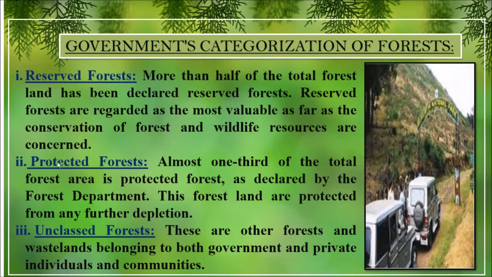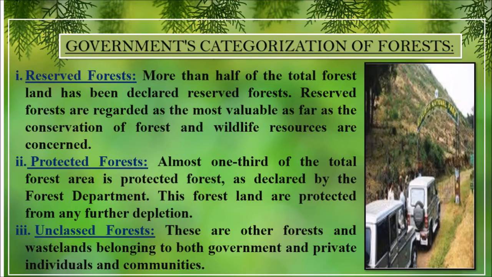And the next one, protected forest. Almost one-third of the total forest area is protected forest, as declared by the forest department. So this forest land is protected from any further depletion. Protected by what?